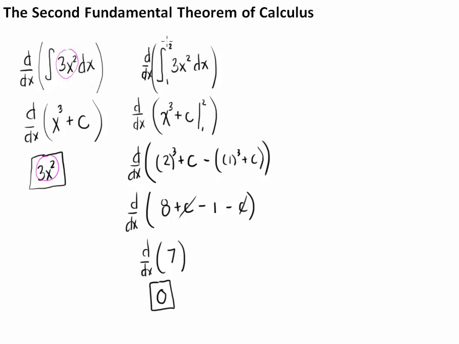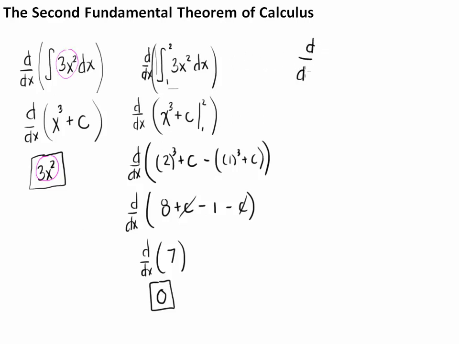Likewise, if you take any definite integral with constant values as the bounds, your answer is always going to be a number. In this case, it happened to be 7. It could be something else later on, but it's always just going to be a number. And when we take the derivative of that constant, we're always going to end up getting 0.